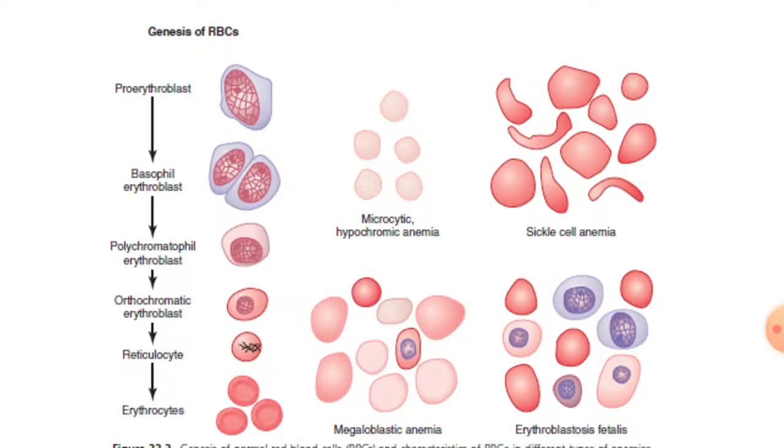Regarding the stages of differentiation of the red blood cell, the first cell responsible for the formation is called the proerythroblast, which divides through multiple succeeding generations.